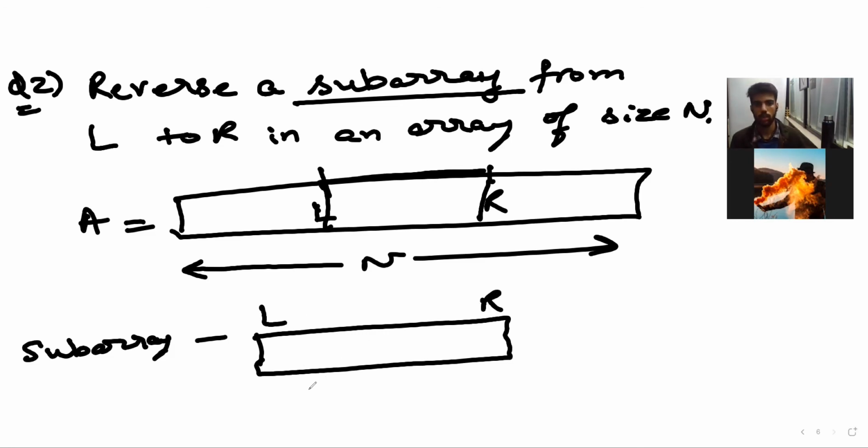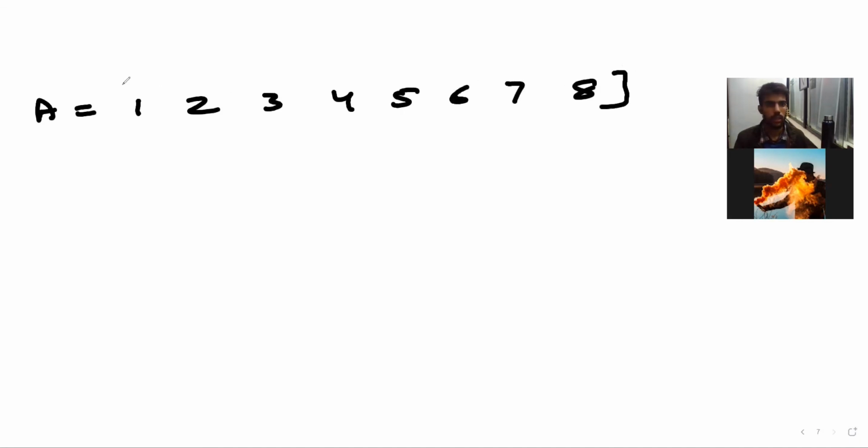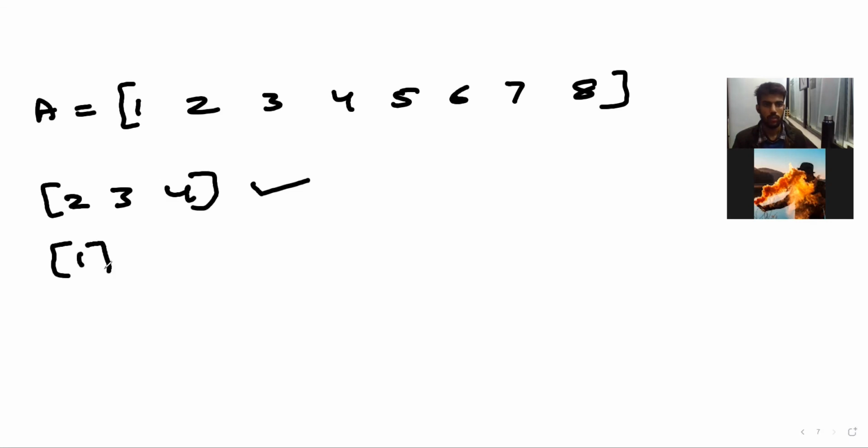So what is not a subarray? Let's take an example. So this is our array. What are the valid subarrays? 2, 3, 4 is valid. 1 is valid. All the single elements are valid.